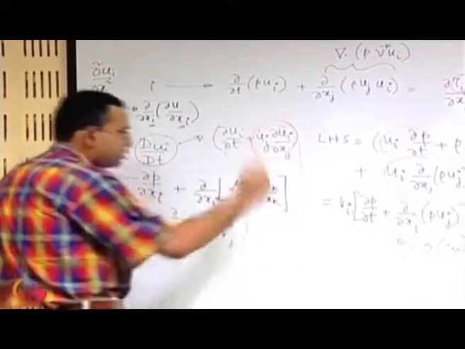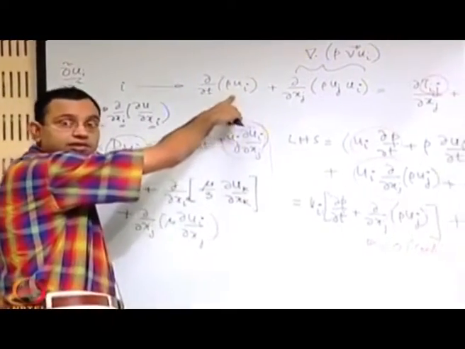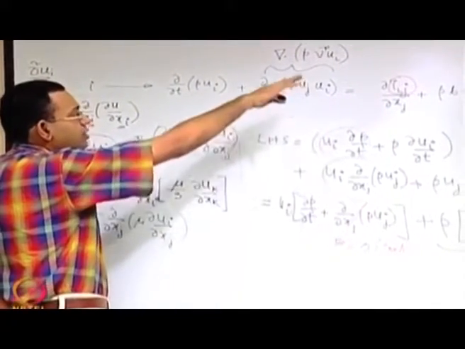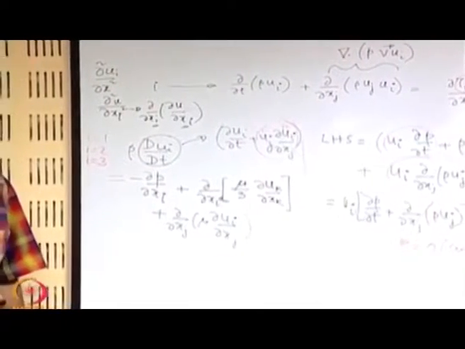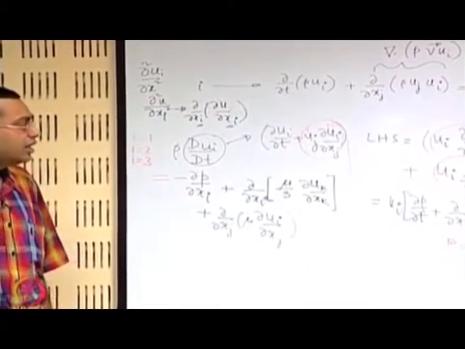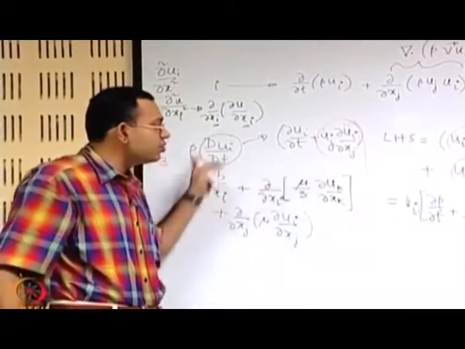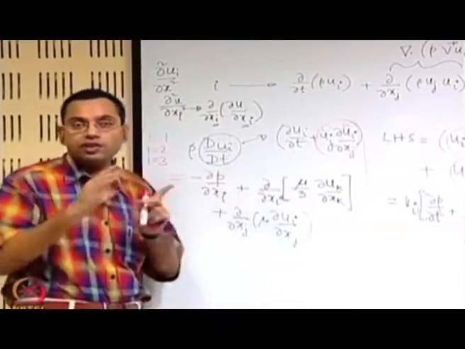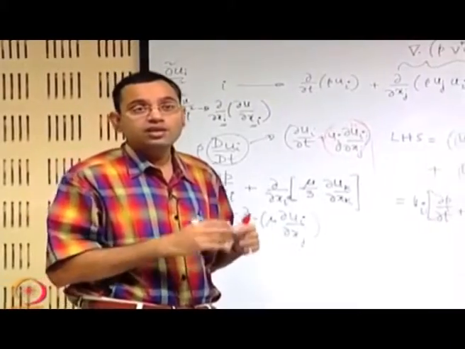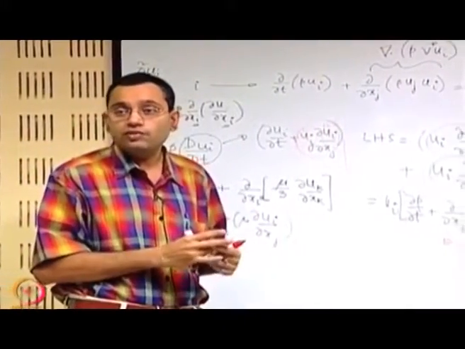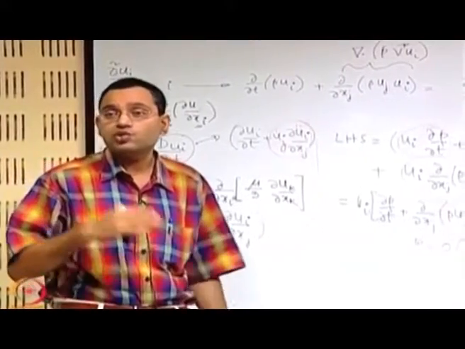We started with Navier's equation of equilibrium, which is basically this one, substituted the constitutive form of tau ij for a Newtonian fluid for a homogeneous and isotropic fluid material, and then we have substituted the Stokes hypothesis, and this is known as the Navier-Stokes equation. So Navier's equation for a Newtonian fluid, homogeneous isotropic, special type of Newtonian fluid, and most importantly a fluid that obeys the Stokes hypothesis, that is known as a Stokesian fluid.